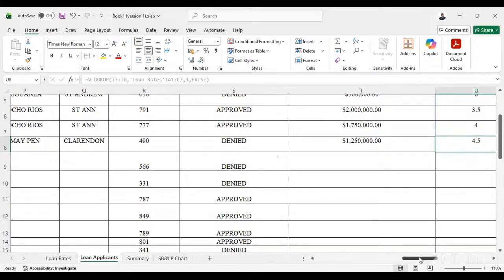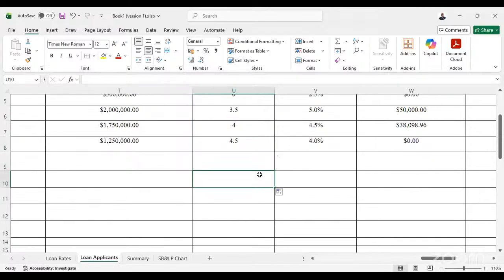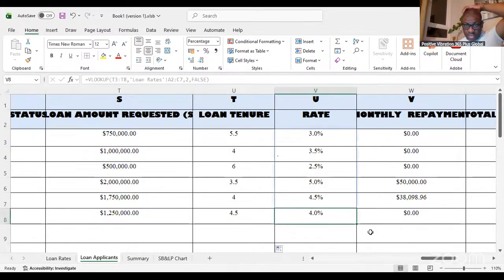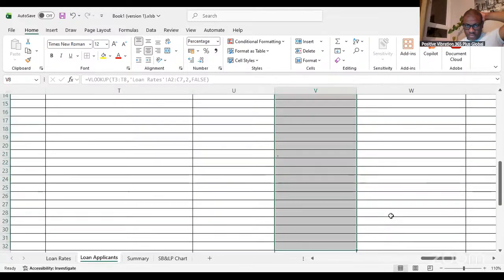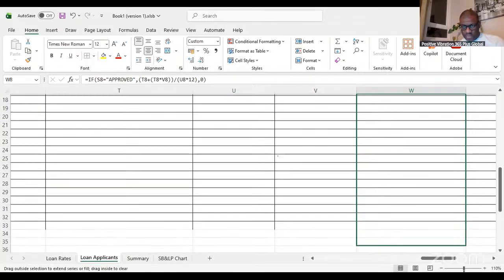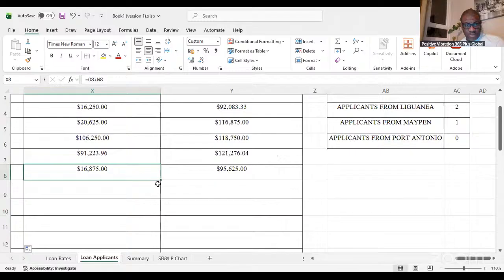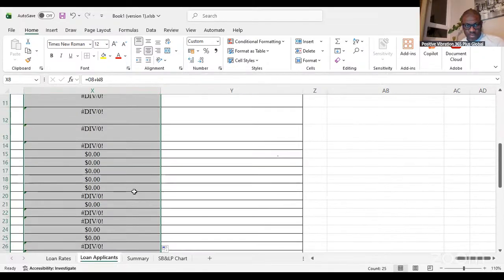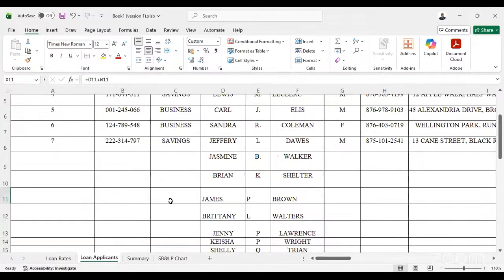You just need to copy them all the way down. Put the numbers in. All right, cool.